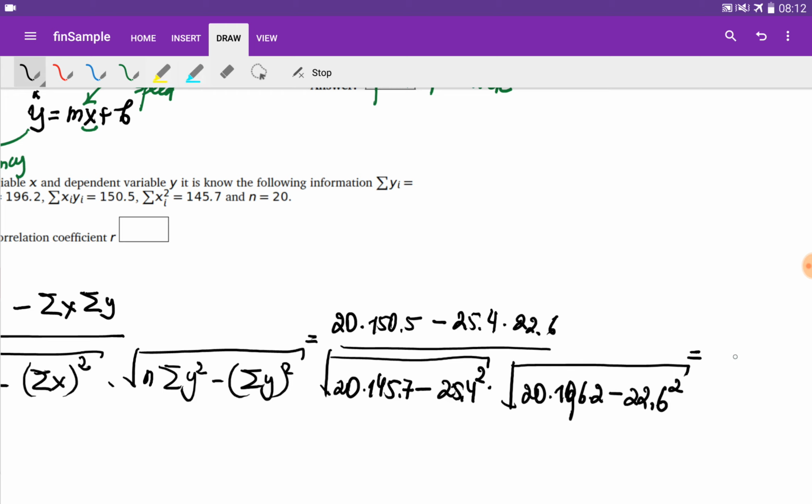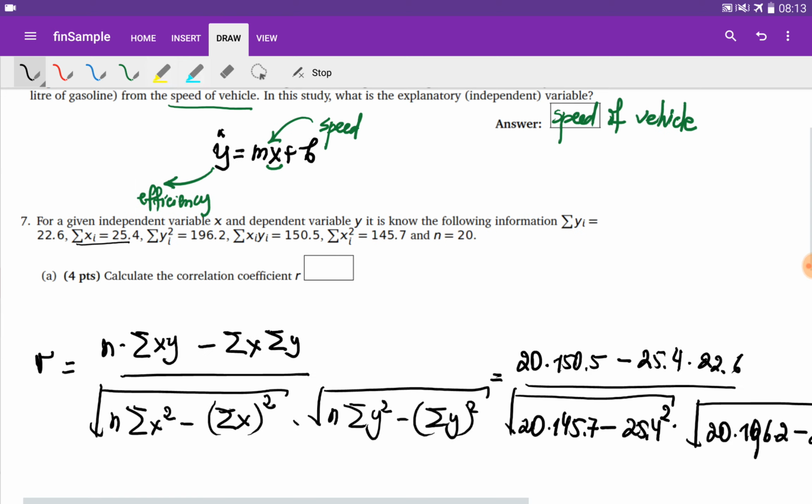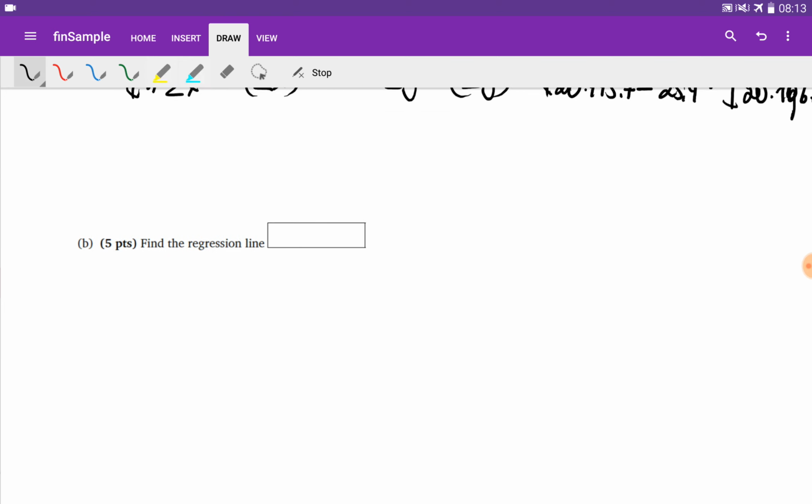So if we calculate everything together, it's going to be 0.875 roughly.